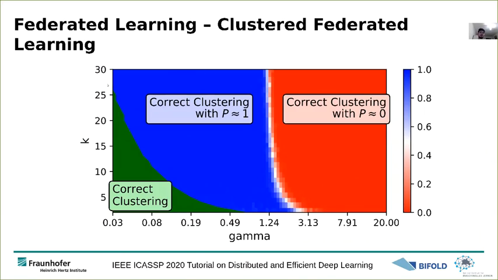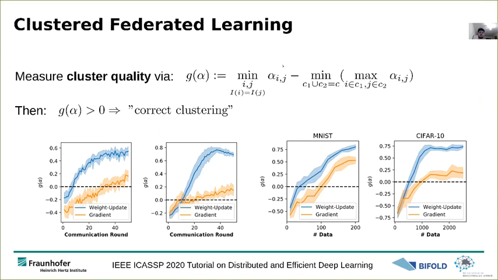This is a visualization of this result. There's this area here where we can provably correctly separate the clients. And there's another large area where we cannot prove it thus far, but by simulation we have shown that it still gives the correct clustering with a probability of almost 1.